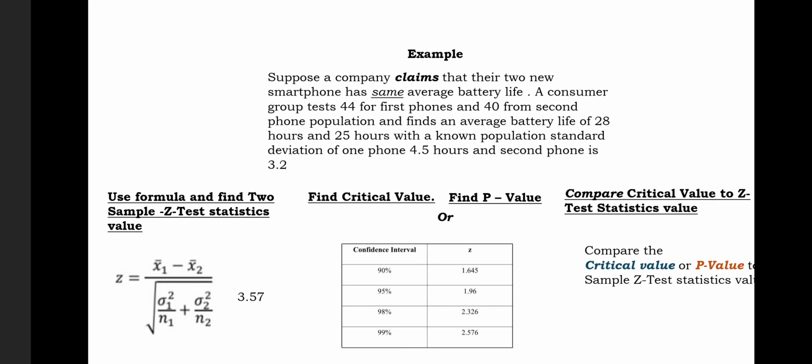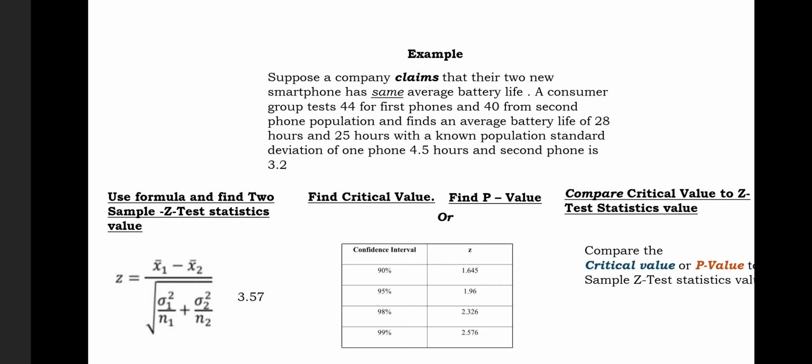So here our answer was 3.57 and we compared it with 1.96. When we compared the z-test with the critical value, we found that the z-test answer was higher than the critical value. It means we reject the null hypothesis.